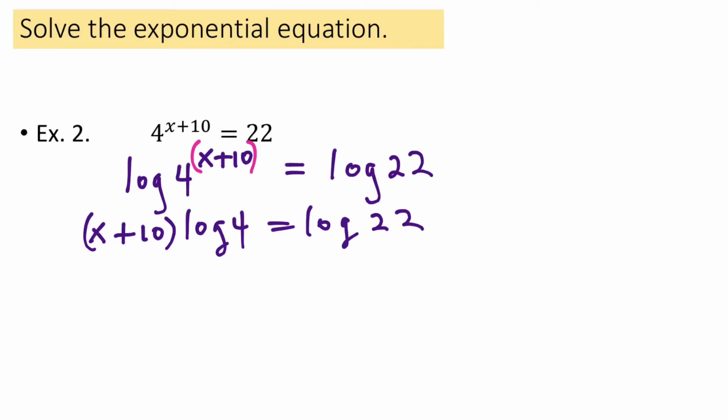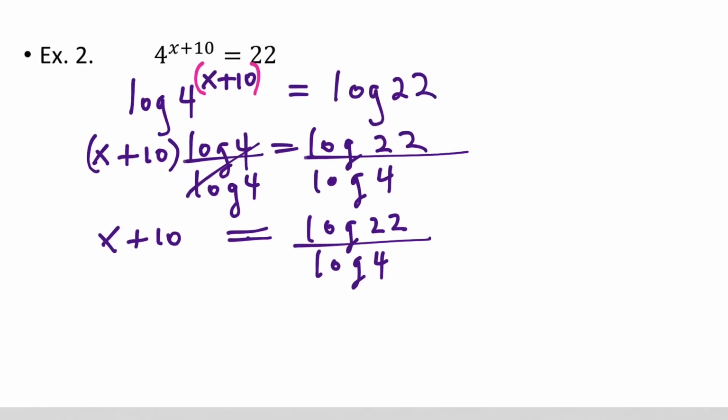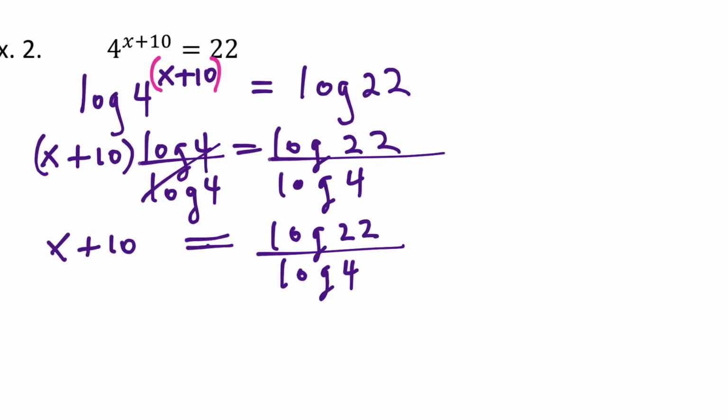All right, and then I want to divide by log of 4, which is a real number, on both sides. So I could cross it out, and I'll have x plus 10 is equal to log of 22 divided by the log of 4. All right, now I still have a 10 over there, so I'm going to subtract 10 from both sides.